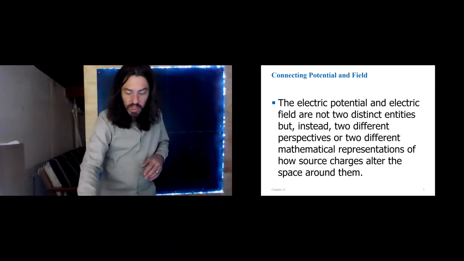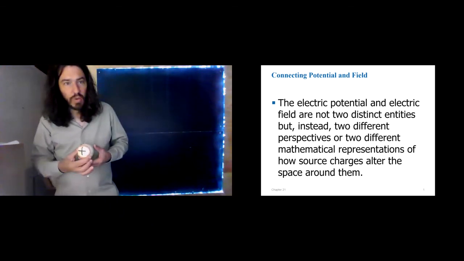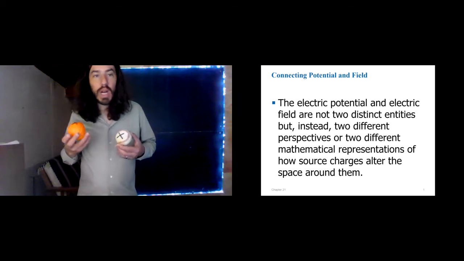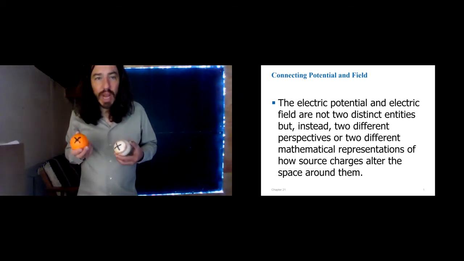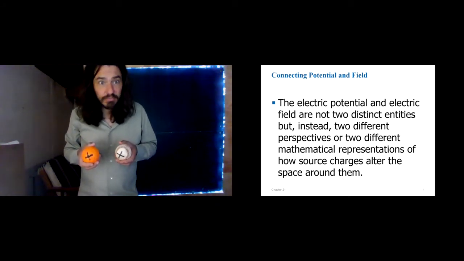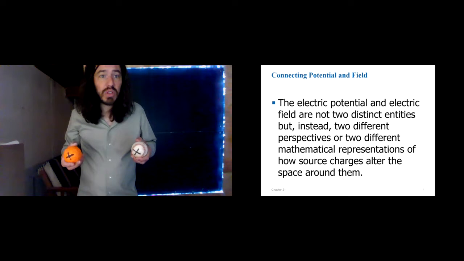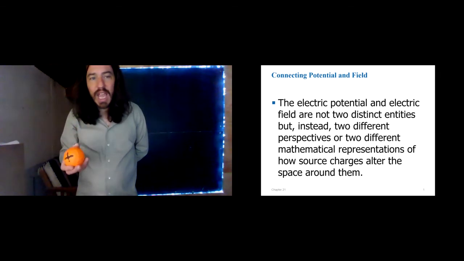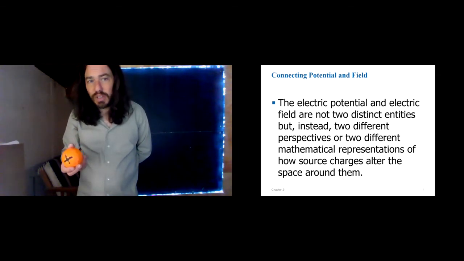And so to kind of review a little bit, we started off with the Coulomb's law model of force, where charge A directly affects charge B. And we don't really care how that happens, we just know that it does. There's a force, right? And we use Coulomb's law to describe that. Now, the next representation we did is we said, hey, okay, charge A actually creates an electric field which permeates space around it.